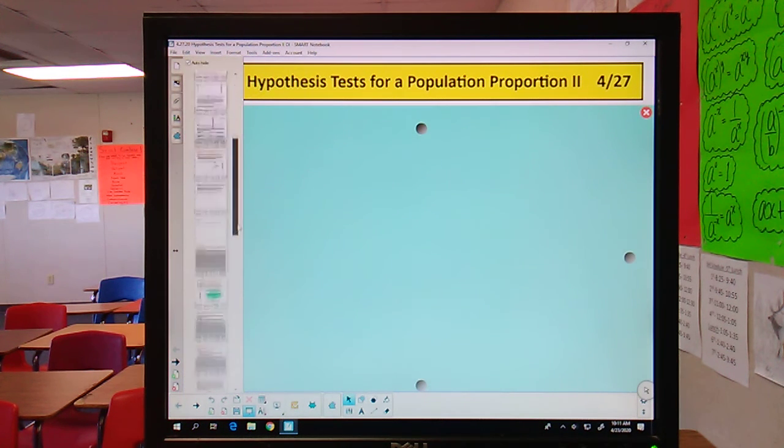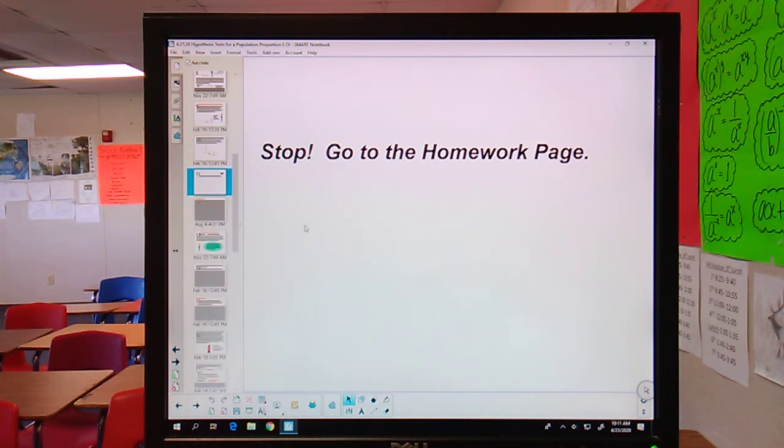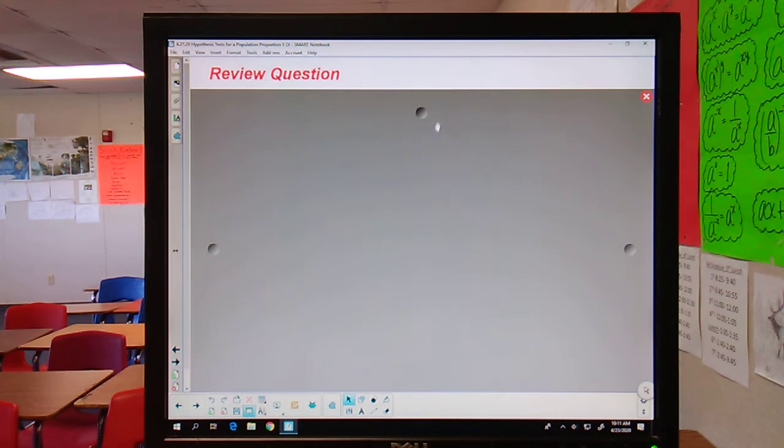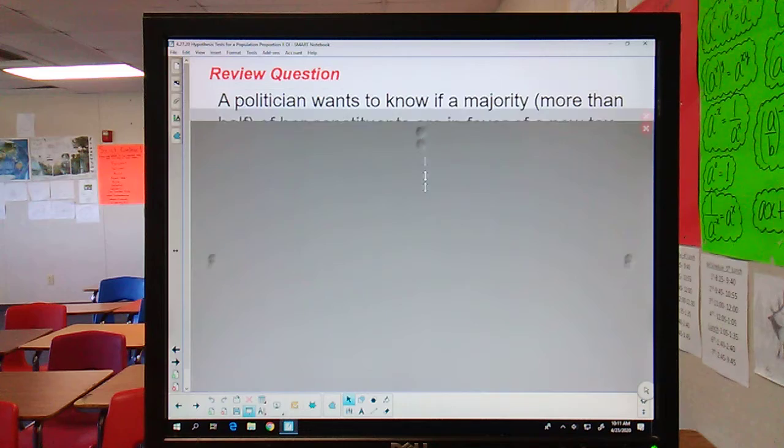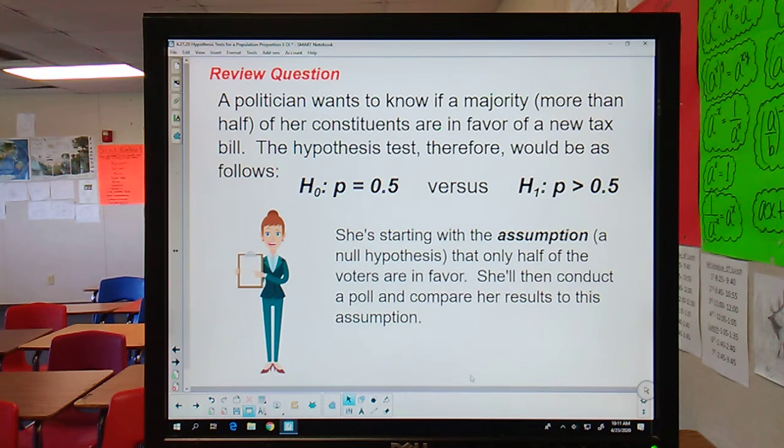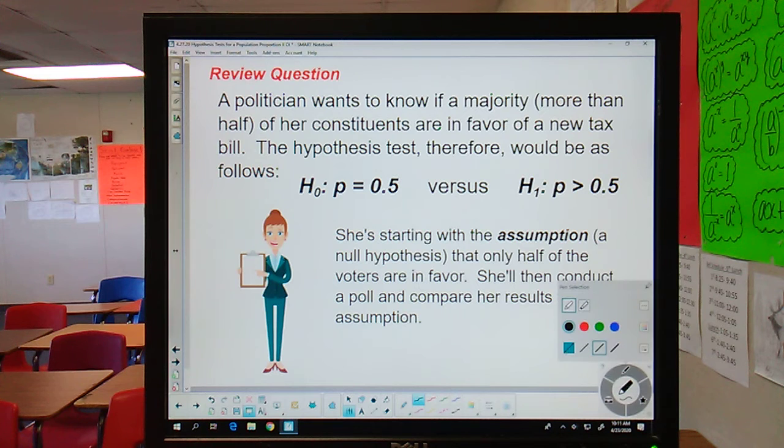Now let me take you right to where we left off. Right here, review question. A politician wants to know if a majority, more than half of her constituents, are in favor of the new tax bill. The hypothesis test would be as follows. Here's her null: the proportion equals 50%.